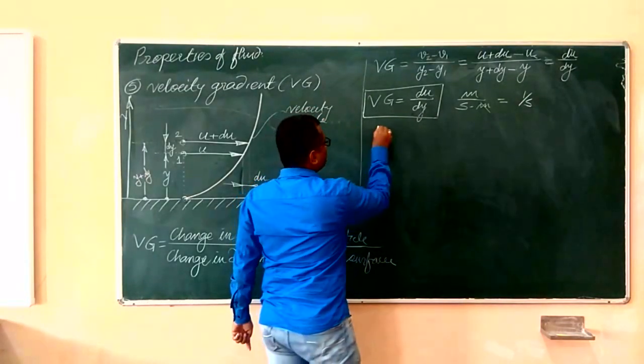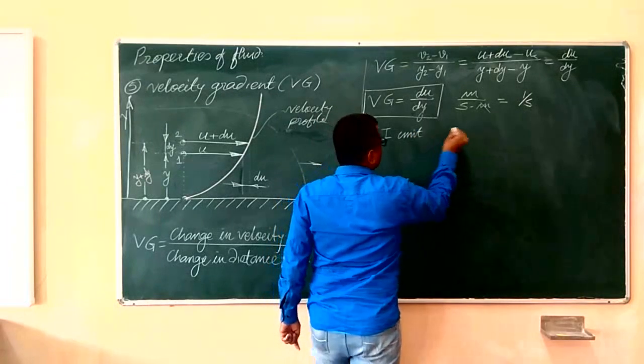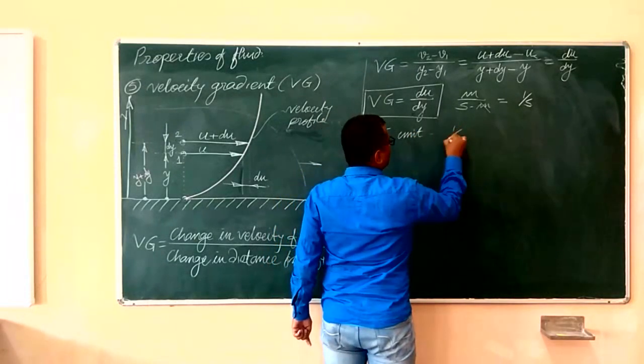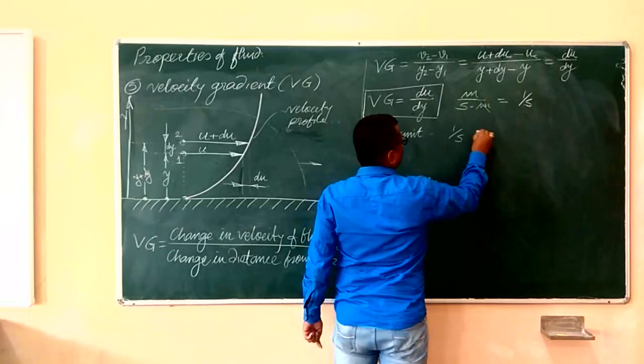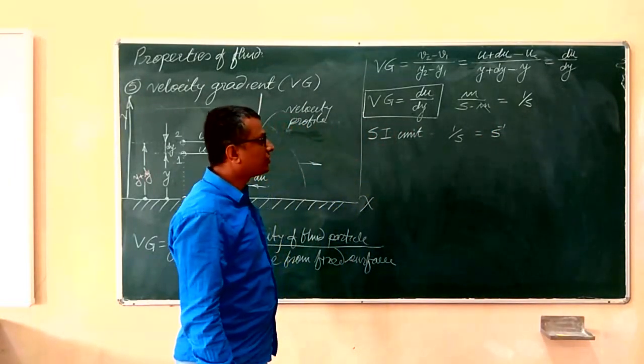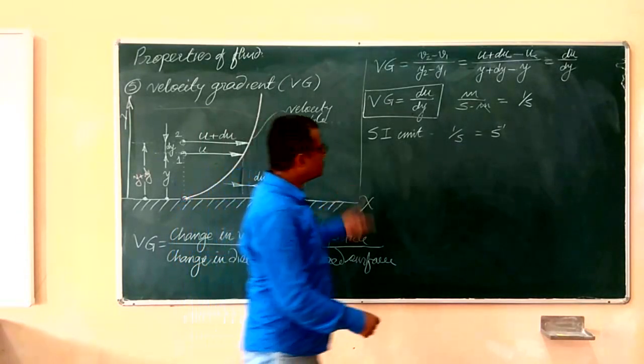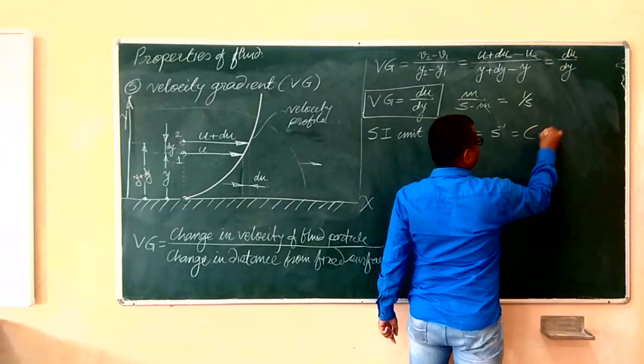I would like to write it down over here. SI unit will be per second, or that is also equal to second inverse, is the SI unit used for the measurement of the velocity gradient. Not simply the SI unit, it is the same in the case of CGS also.